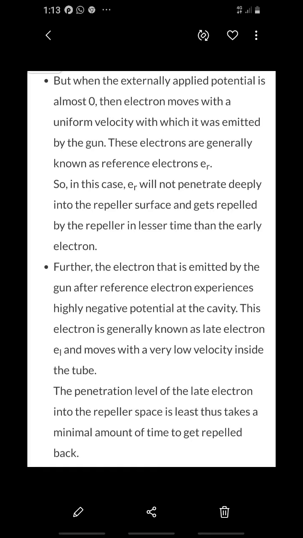Further, the electron that is emitted by the gun after a reference electron experiences highly negative potential at the cavity. This electron is generally known as late electron, that is EL, and moves with a very low velocity inside the tube.